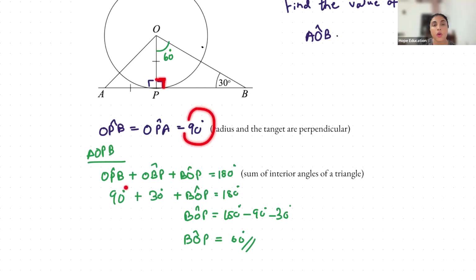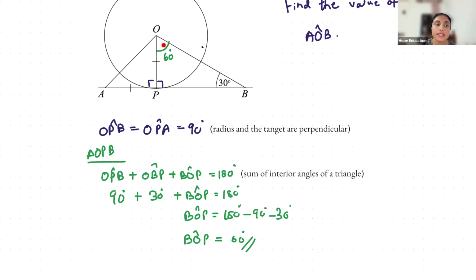OBP is 30 degrees, so instead of OBP I write 30. Now I have to find BOP, which is this. BOP equals 180 minus 90 minus 30. 180 minus 90 is 90, 90 minus 30 is 60. Therefore, BOP becomes 60. Is that clear?